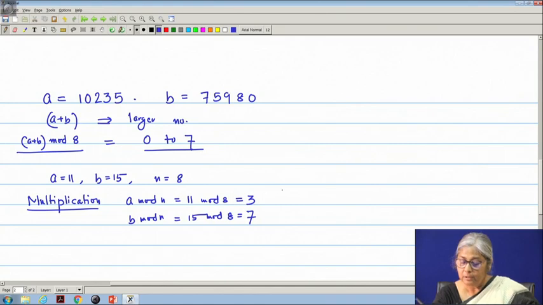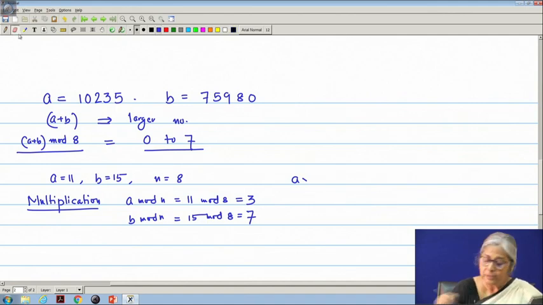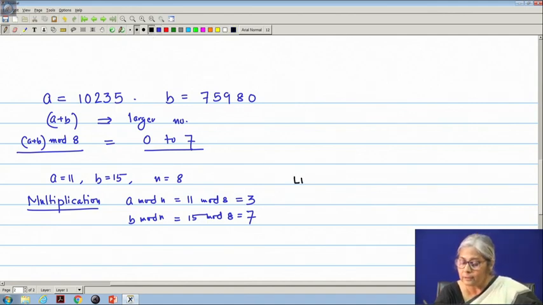Now, if I take the multiplication, that means A in LHS, again in a similar way I can take the LHS. This is equal to 11 mod 8 into 15 modulo 8, I take a modulo 8.